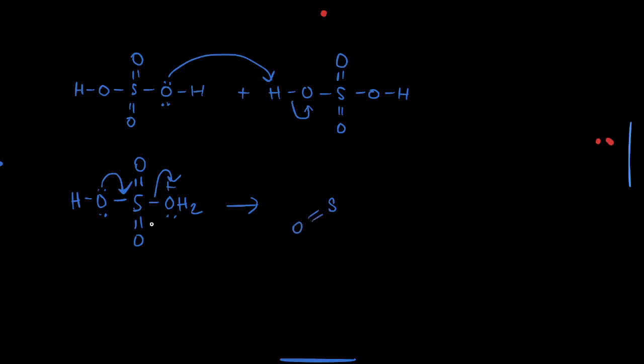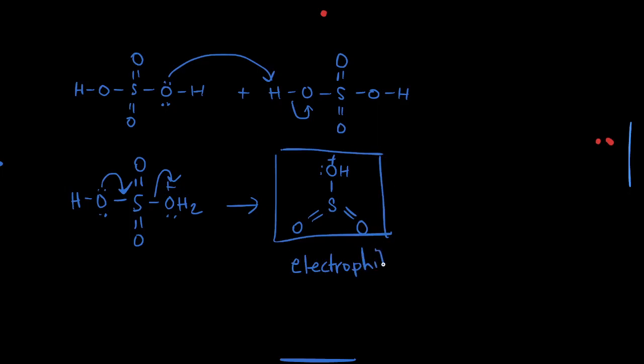So we have our sulfur bonded to 2 oxygens with a double bond, and we'll then have it bonded to an OH plus. So this is going to be our electrophile for this reaction. So this is our electrophile. And so remember, when we were doing this, we were basically just expelling a water molecule.